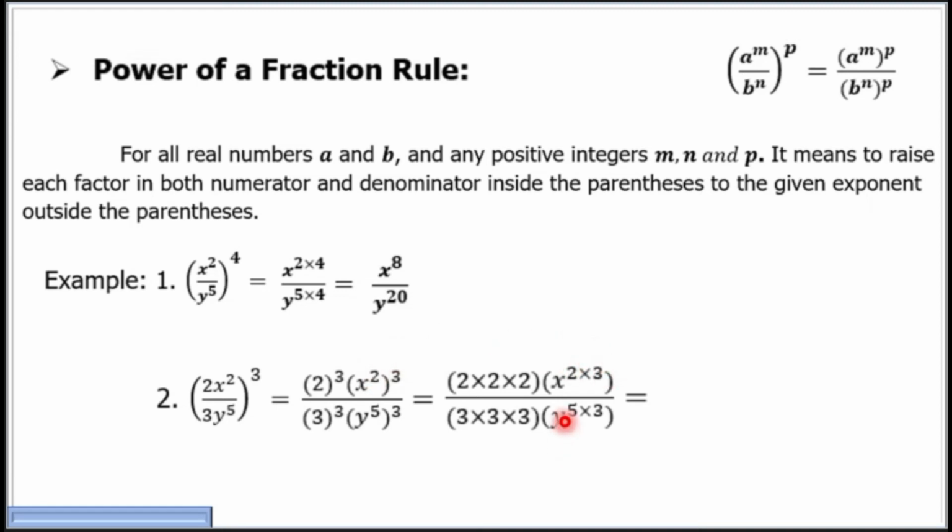Shortcut na dito. And here, the same, 5 times 3. So 2 times 2, 4 times 2, 8. Then x raised to the power of 2 times 3 is 6. So we have 8x raised to the power of 6. And 3 times 3, 9 times 3, 27. 5 times 3 is 15. So 27y raised to the power of 15.